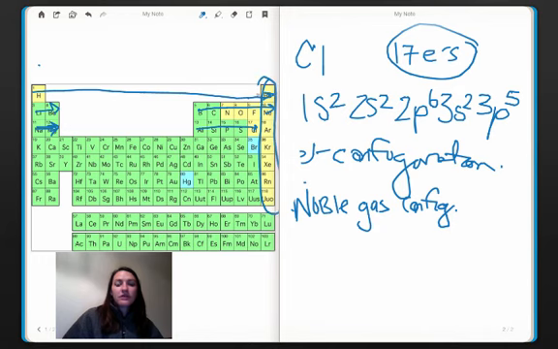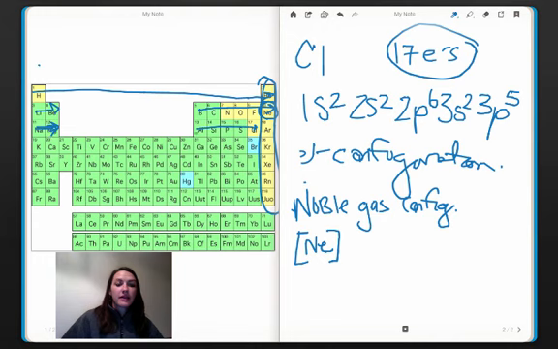So what you have to do is find the noble gas that's the last one that you pass. In this case, we're going to turn around, and it's going to be the end of the row before, so neon. You're going to write neon in brackets, like this, Ne. And then you're just going to continue the electron configuration from there.